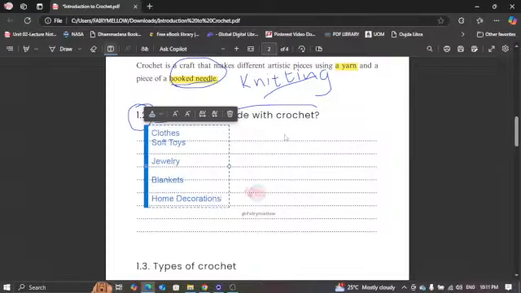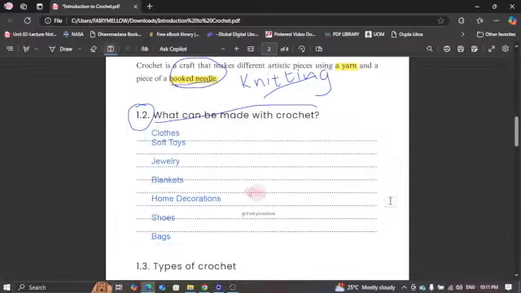What are the other things? Shoes, hair bands, bags. Write down a few things. You can make many things using crochet techniques.